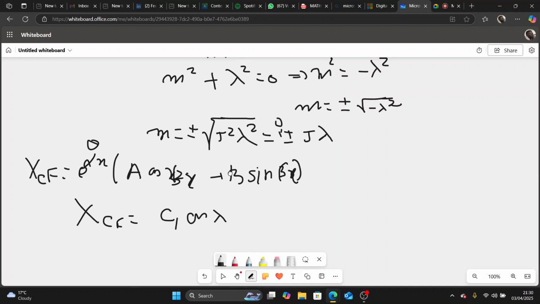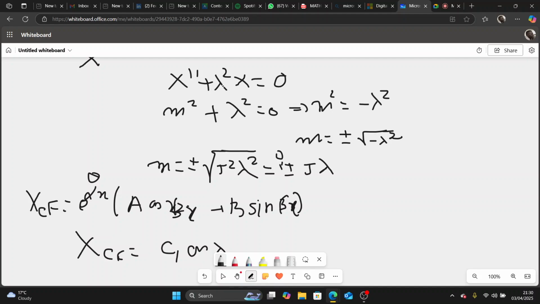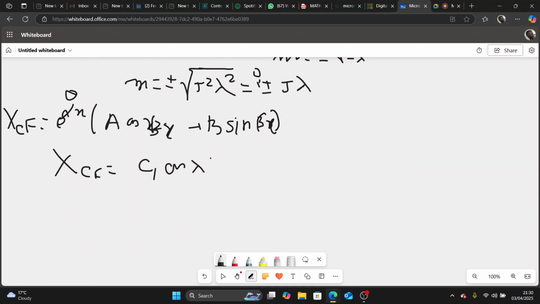Remember, the variable here is x, right? Plus C2 sine lambda x. This is how it is solved.